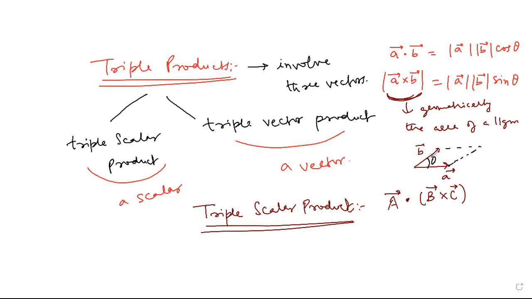The area of a parallelogram is the product of base, which is the length of A, into altitude. This altitude is easily, you can see, B times sine theta, because the projection of B on A will be B cos theta, and the projection of B on a line perpendicular to A will be B sine theta. So the altitude is B sine theta.